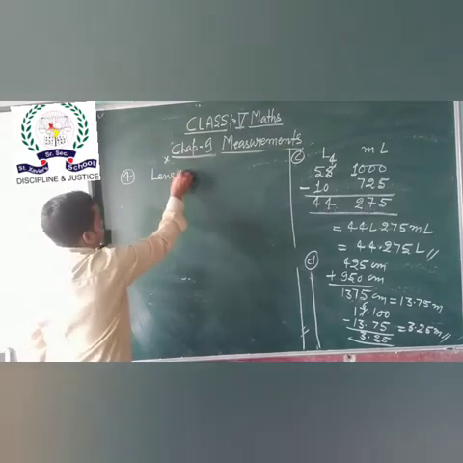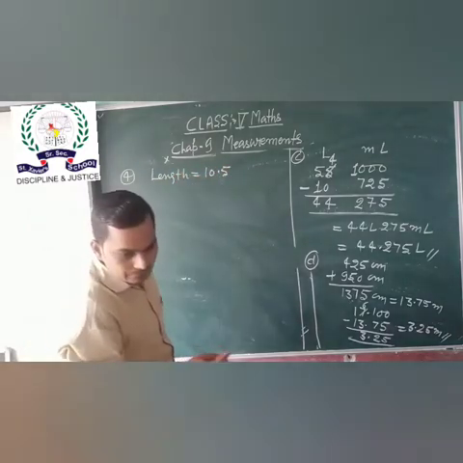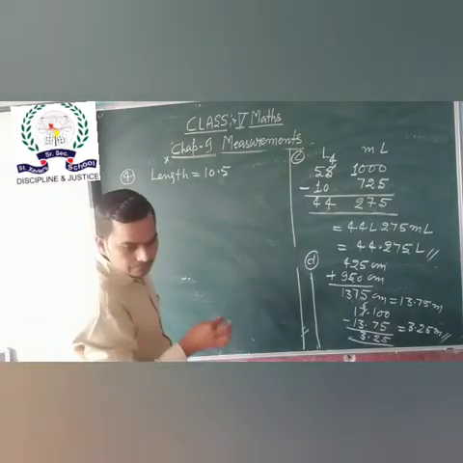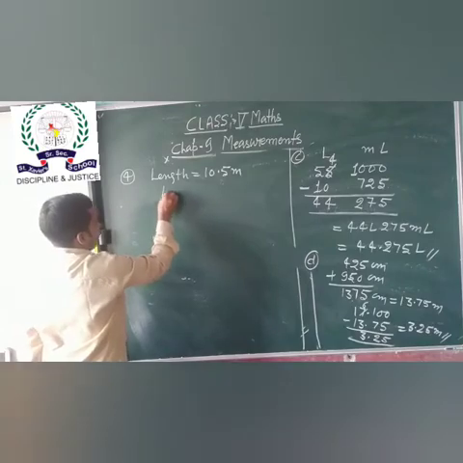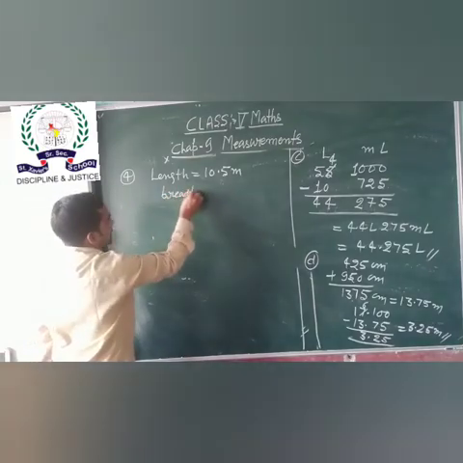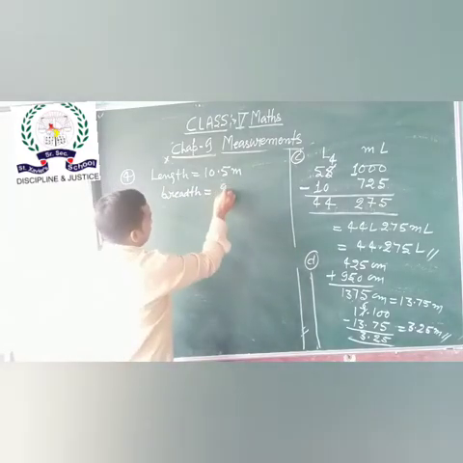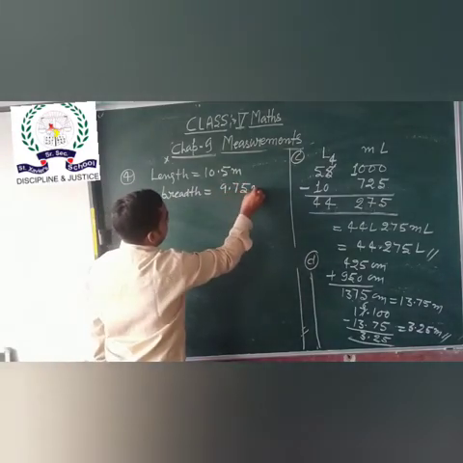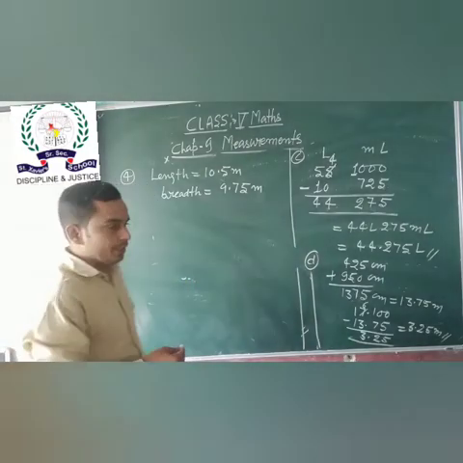So length equals 10.5 meter and breadth equals 9.75 meter. Then find out how much fencing is required.